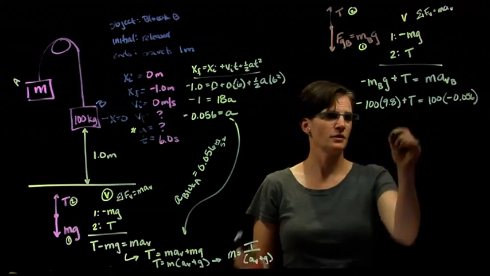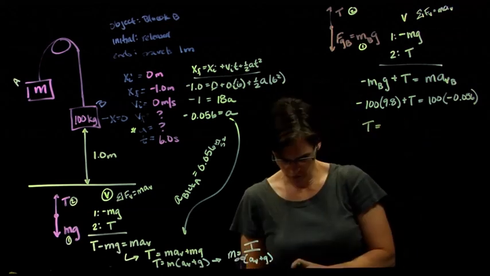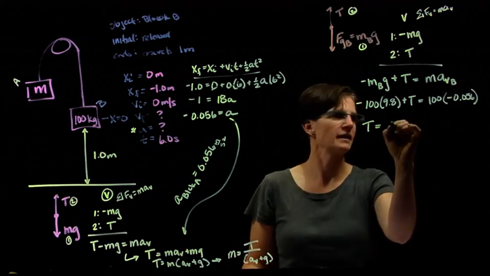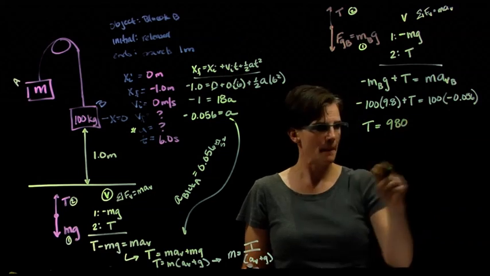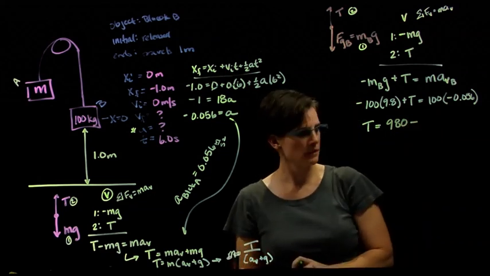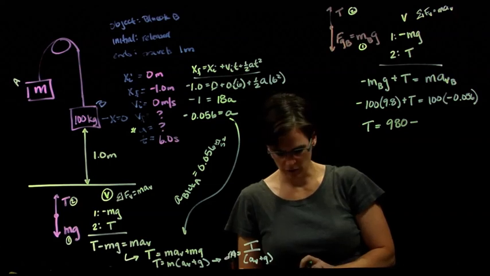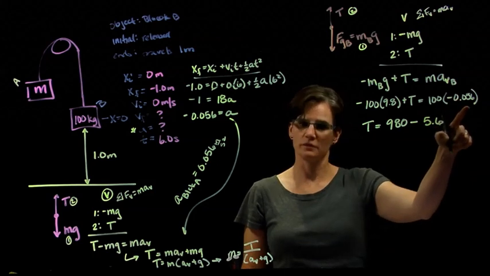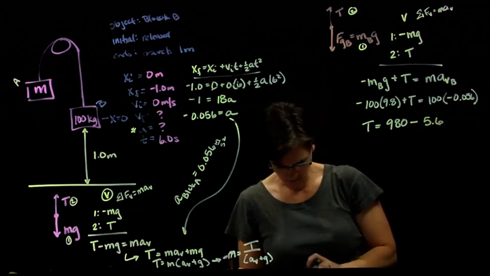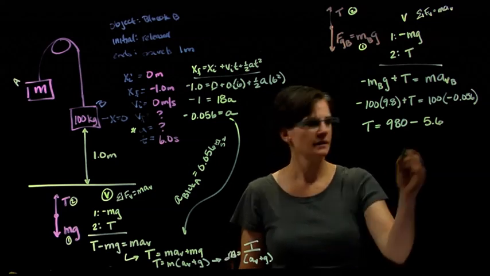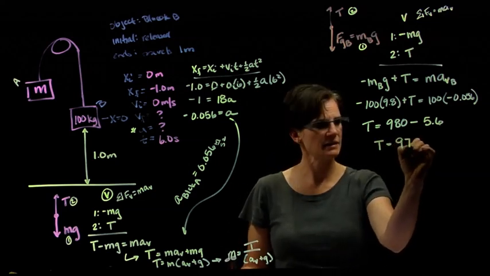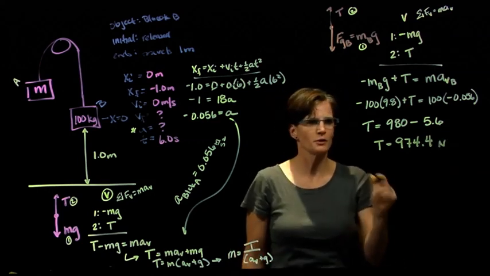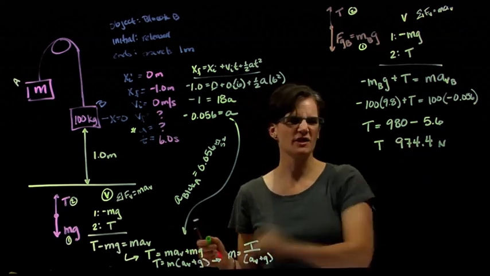All right, so the tension then is equal to 100 times 9.8, which is 980, minus 100 times 0.056, 5.6. And 980 minus 5.6, the tension is equal to 974.4 newtons.